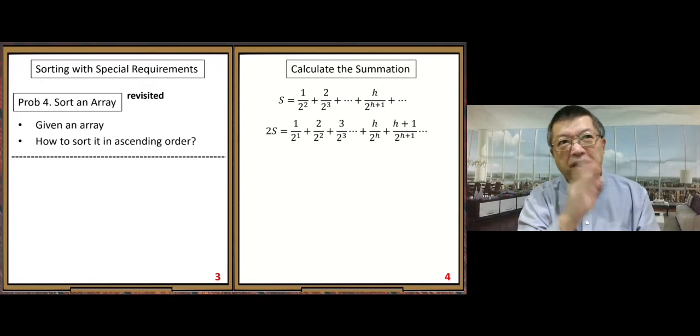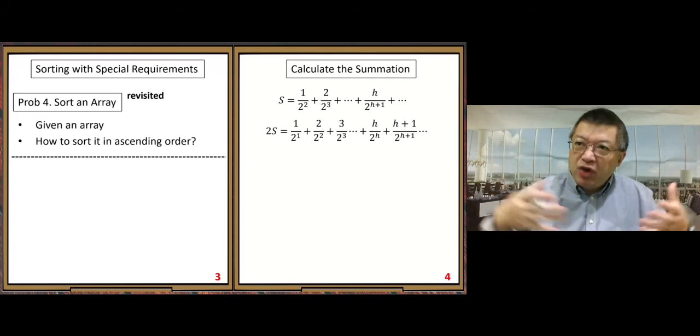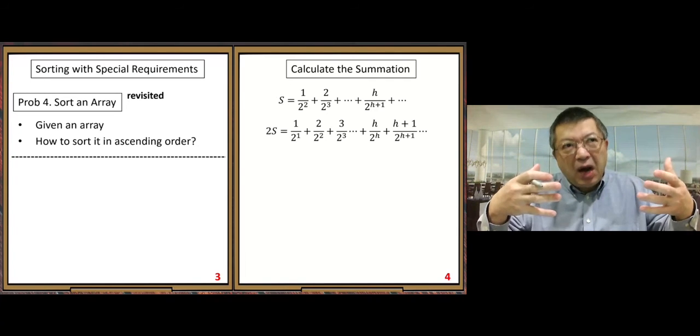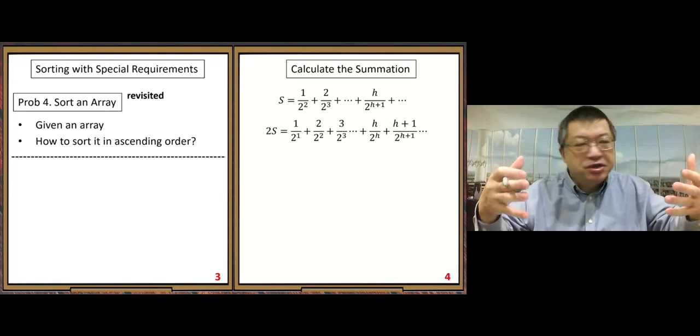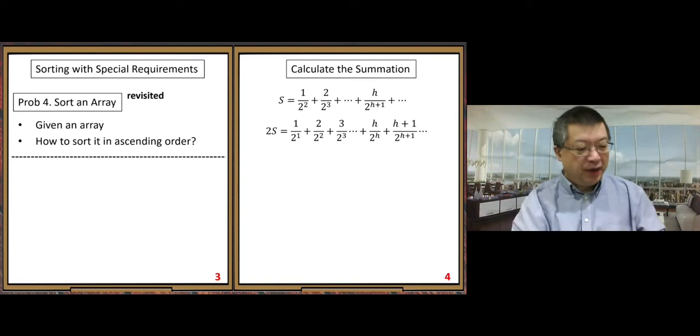So this trick helps us explore the structure of the series. And our goal, we want to do as many cancellations as possible. So as a result, you get a simplified formula.